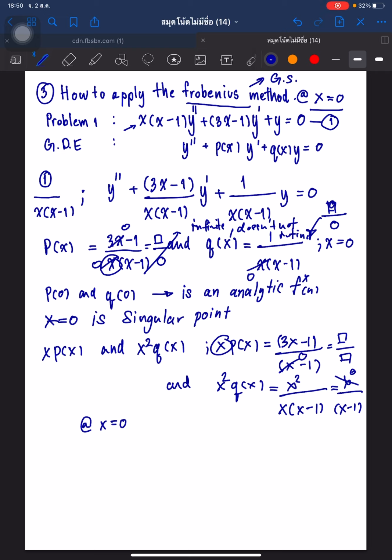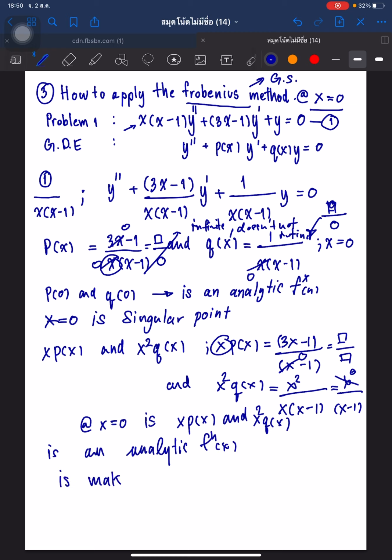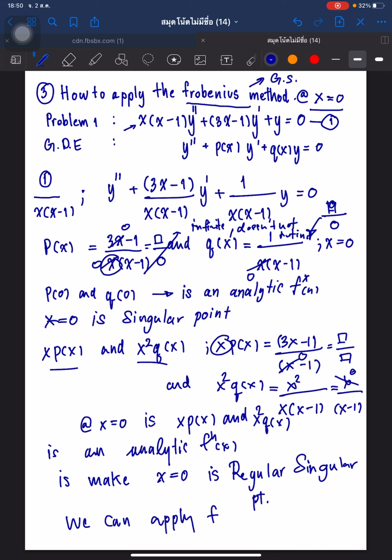So at x equals 0, x p of x and x squared q of x are analytic functions. It makes x equals 0 a regular singular point. Okay, after we check this is a regular singular point, we can apply the Frobenius method.